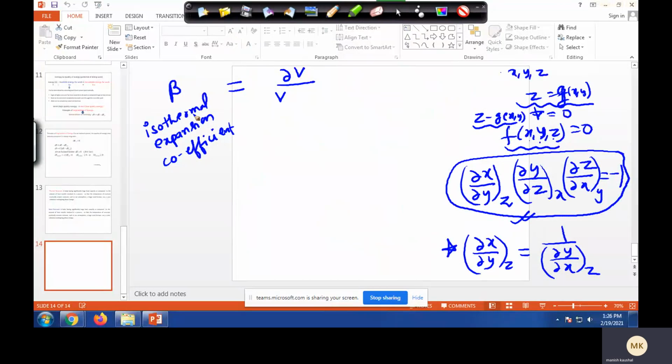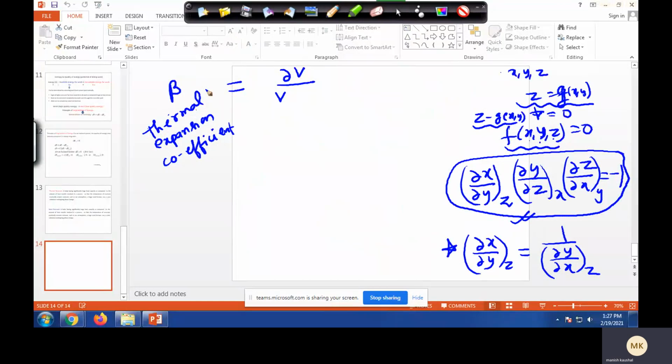Let me check what it is called. Just a moment. In compressibility we keep the temperature constant. Here we will vary the temperature. Sorry, since here temperature will vary, it's called thermal expansion coefficient.